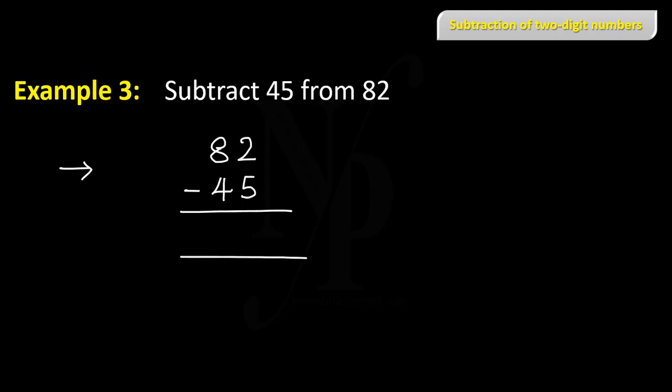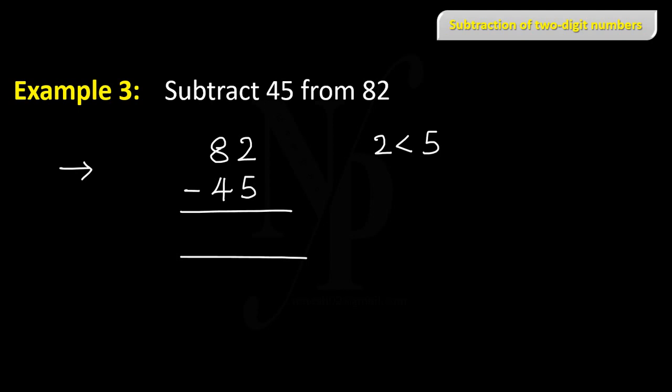So here in this number, if you look at the digits at ones place, 2 and 5, we have to subtract 5 from 2, and we know that 2 is less than 5. So therefore we cannot subtract 5 from 2.